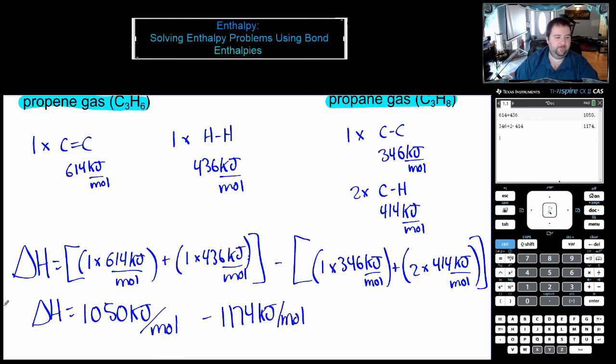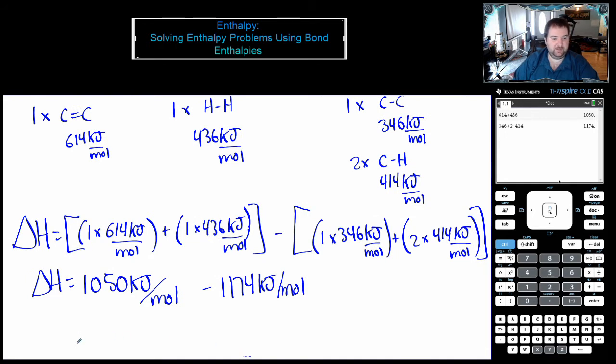Okay, now let's actually do that. So our delta H is going to be what? Our delta H is going to be 1050 minus 1174 is negative 124. Negative 124 kilojoules per mole.